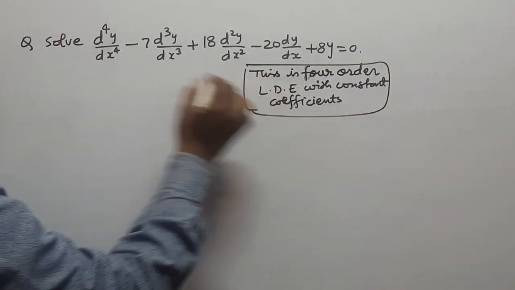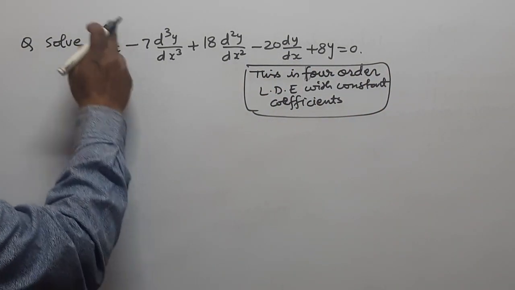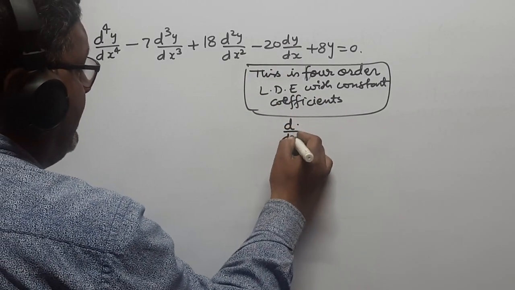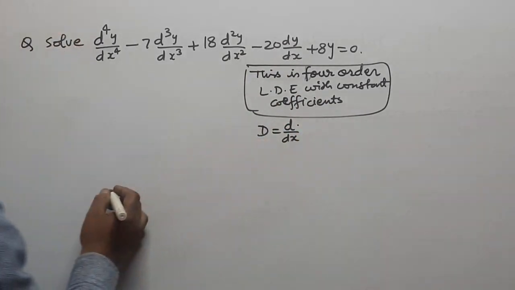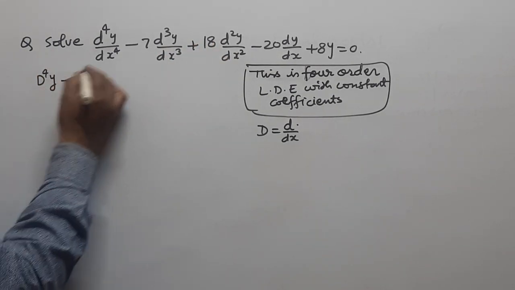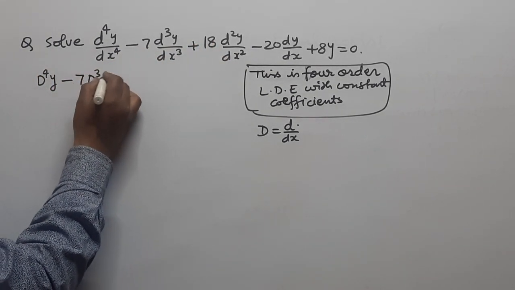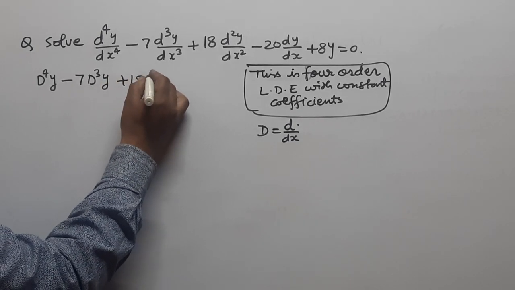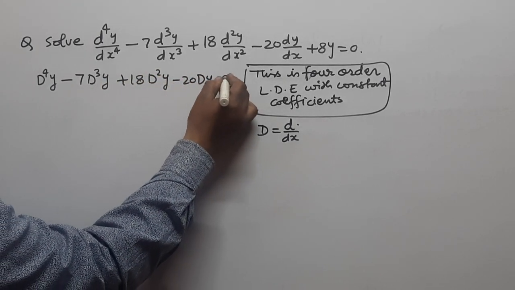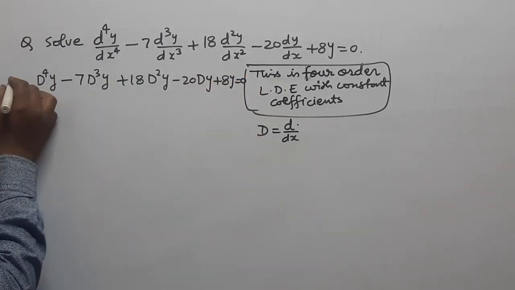This differential equation can also be written with d by dx equal to capital D. So it can be written as D to the power 4 y minus 7 D cube y plus 18 D square y minus 20 D y plus 8y equal to 0.